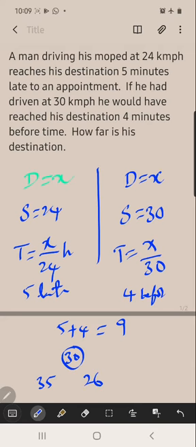That means what is the time difference then? 35 minus 26, how much? 9. So this is the thing we have to use. So no need to do all these things, just remember, if one is late, another one is before, simply add the times. If both are before or both are late, simply subtract it. So I hope you understand this.